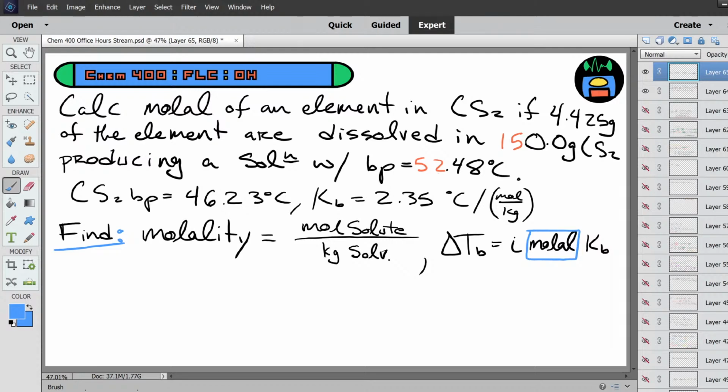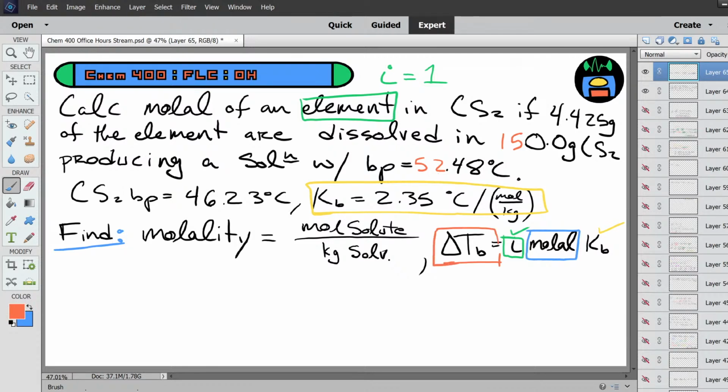We have Kb, right here. We have our Van't Hoff factor because we're told this is an element, and only ions and acids break apart. So our Van't Hoff factor is just 1.